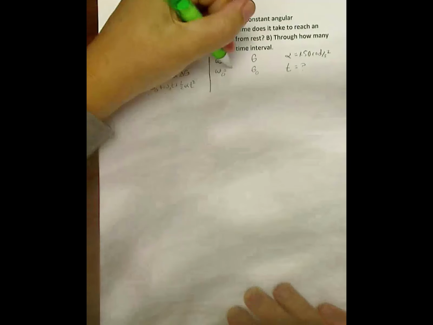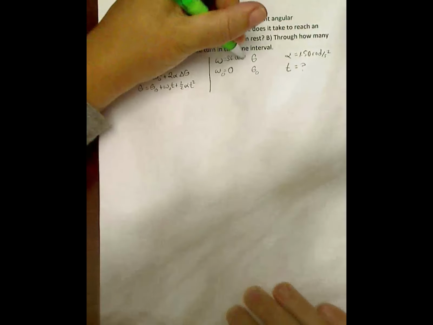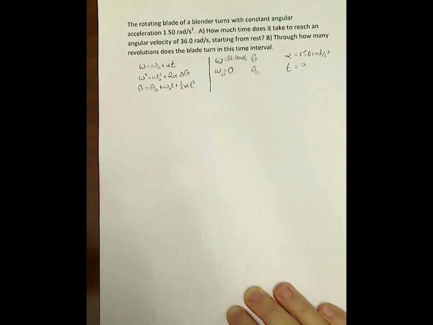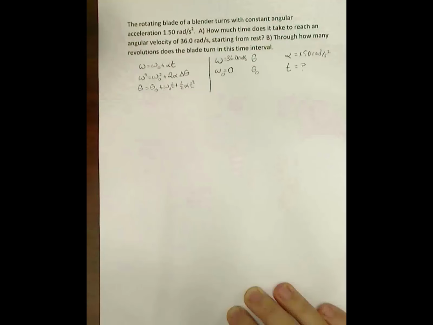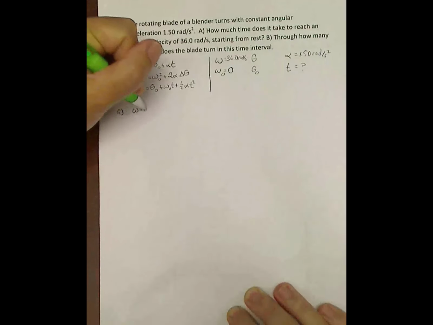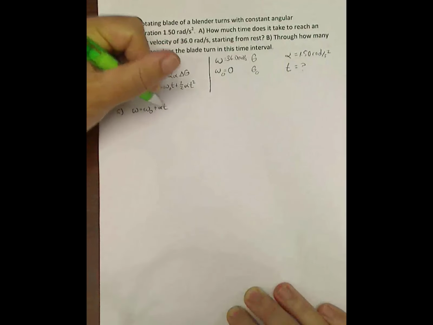So that gives us omega 0 is 0 because it starts at rest, and omega final is 36.0 radians per second. And we don't know theta, we don't know theta 0. Okay, so we know omega, omega initial, and alpha, and we want t, so the obvious equation is to use that first equation. So omega equals omega initial plus alpha t.